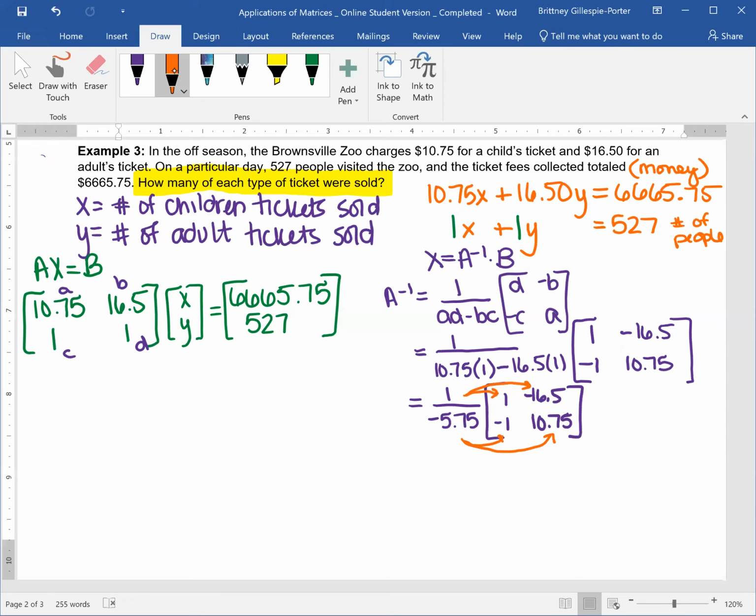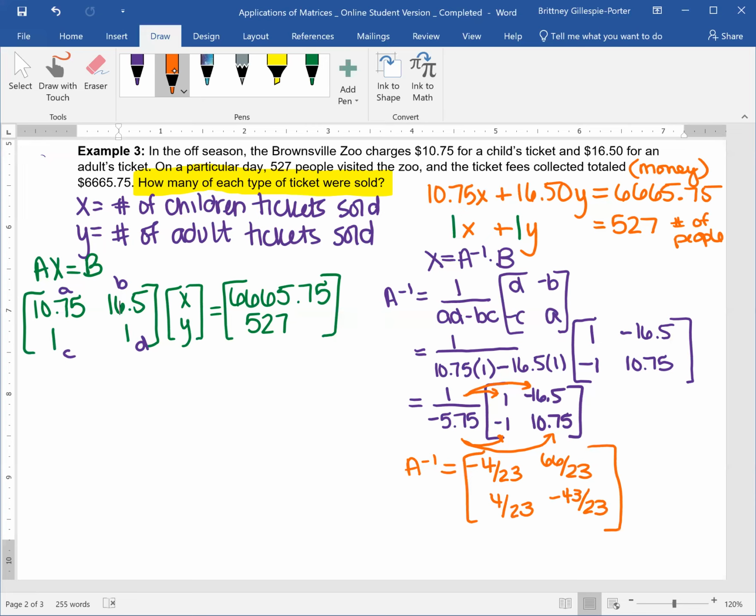Same thing, but when you flip back to having fractions, you should be getting that A inverse is equal to -4/23, 66 over 23, working in the top row, 4 over 23, and then -43 over 23. So we found A inverse.